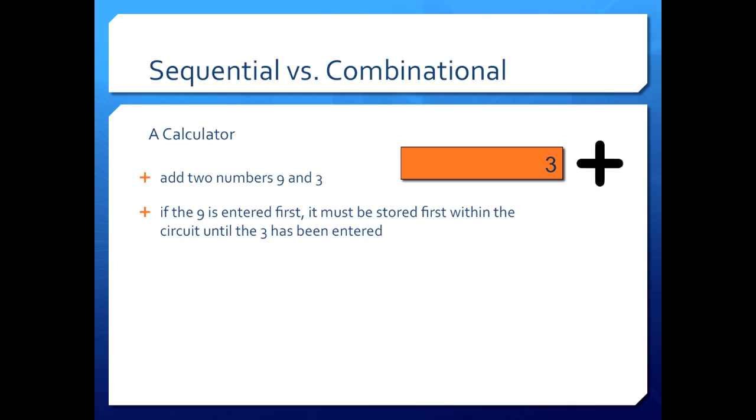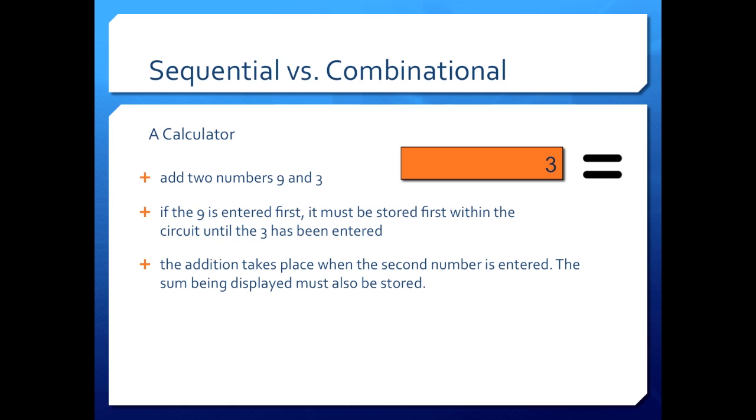So where does that 9 go? Well, it gets stored. And then when we hit the equal sign and the 12 is the result, we have to store that result of 12 as well. All of these numbers require storage.